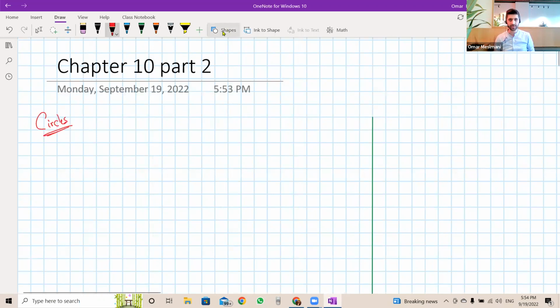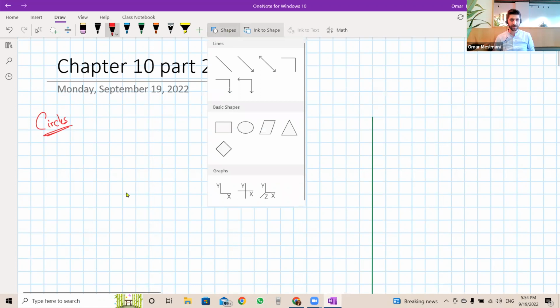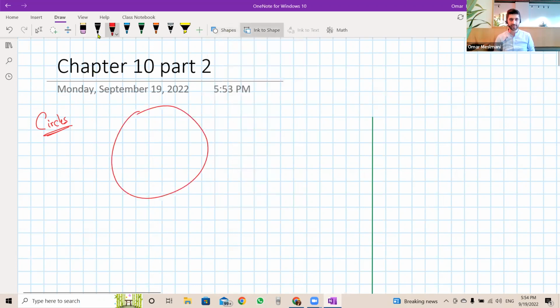I'm not going to spend a lot of time talking about circles, but basically, the concept of a circle is a bunch of points. I have many points, a set of points arranged in a specific way.